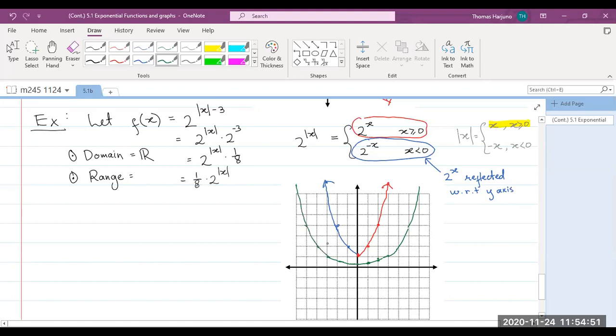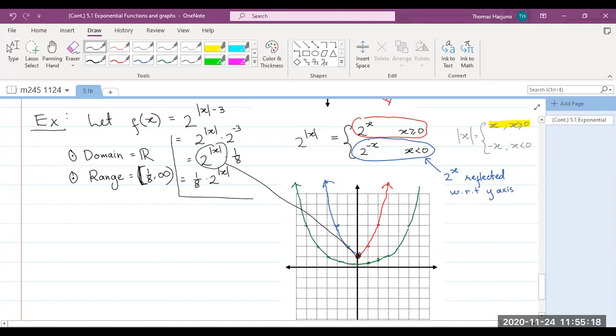That's what it looks like. So the range is now from, actually including, 1/8 to infinity. Originally, 2 to the absolute of x has the range including 1 to infinity.